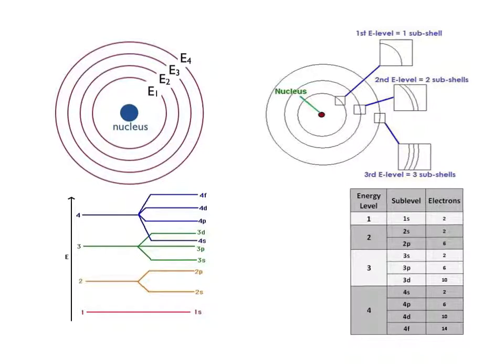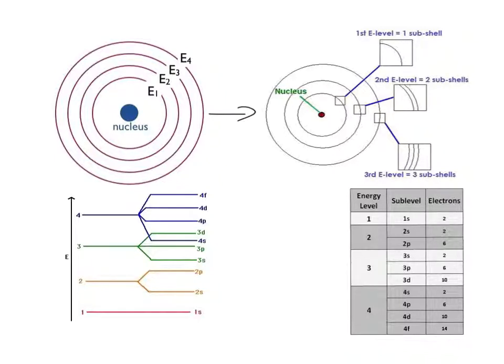Well, we need to expand that a little bit because remember we said that each energy level can have sublevels. So my first energy level only has 1 sublevel, right? And my second energy level has 2 subshells or sub-energy levels. And my third energy level has 3. And if I drew a 4th ring around here, that would have 4.